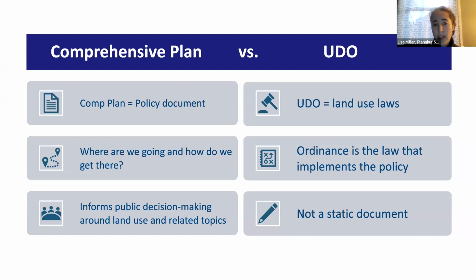The UDO, on the other hand, is actual laws relating to land use. The ordinance is the law that implements that policy. And that ordinance is not a static document. This moment right now is one where we're making significant shifts to that ordinance, but also over time, smaller shifts are proposed and approved by our elected officials as well.